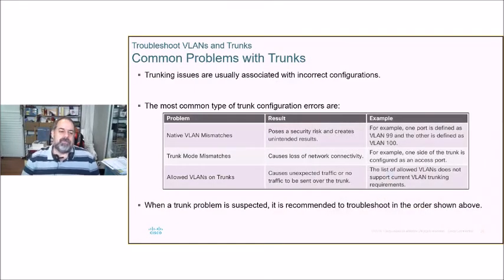So problems with trunks, as I said, native VLAN mismatches, trunk mode mismatches, and allowed VLANs on trunks mismatched as well. And so that allowed VLANs command needs to match on both ends for it to be a happy trunk.